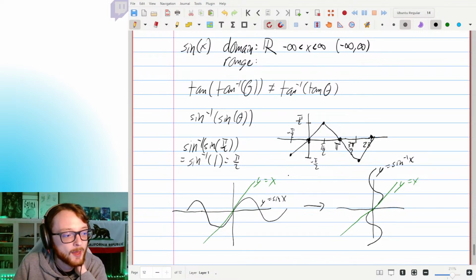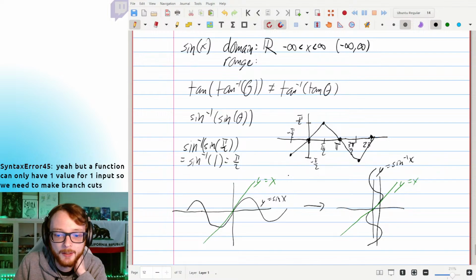The thing is that this function I've drawn here does not pass the vertical line test, which is another way of saying it's not really a function. It assigns the same input to multiple outputs. I could draw a vertical line here and get a whole bunch of possible outputs.